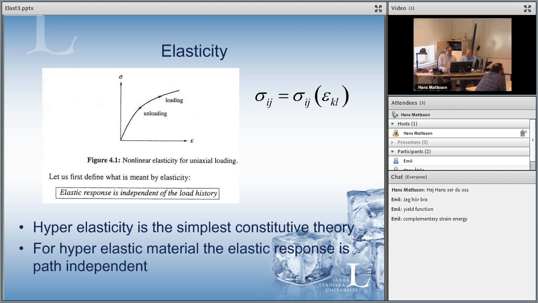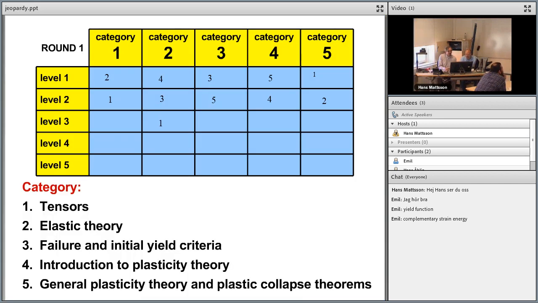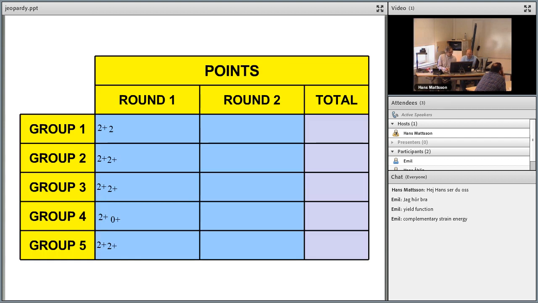The correct answer, path dependency, from group number 1. Group number 1 seems to be very strong and takes 2 more points on a higher level.